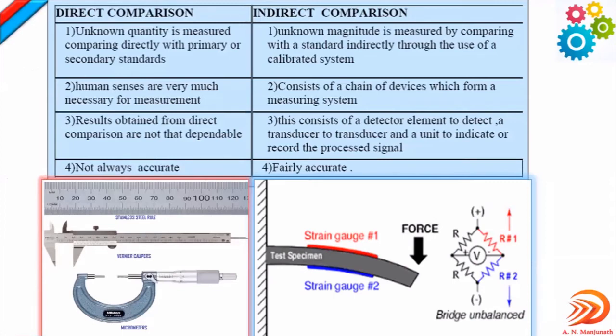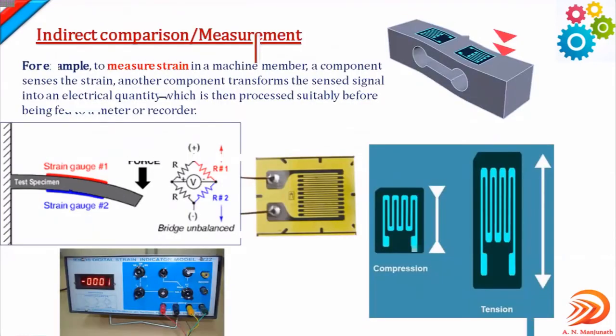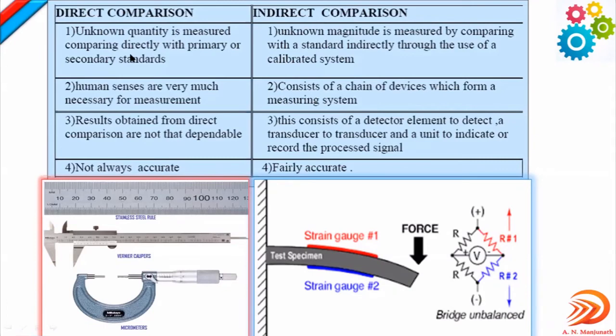See, in direct comparison, the unknown quantity is measured by comparing directly with a primary or secondary standard. If you see over here, in indirect comparison, the unknown magnitude is measured by comparing with the standard indirectly through the use of a calibrated system.